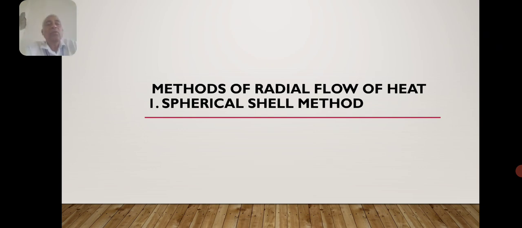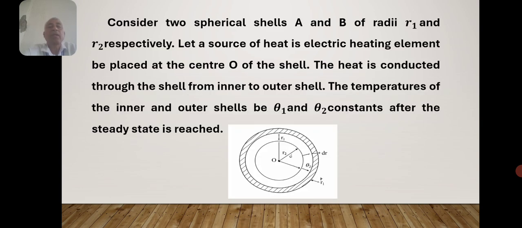Now, in today's period, we will discuss the methods of radial flow of heat. The first method we are discussing is the spherical shell method. In this method, we will consider two spherical shells A and B of radii R1 and R2 respectively.